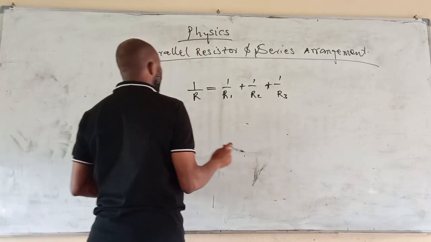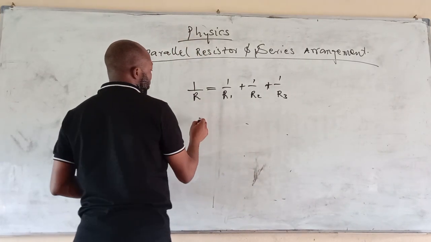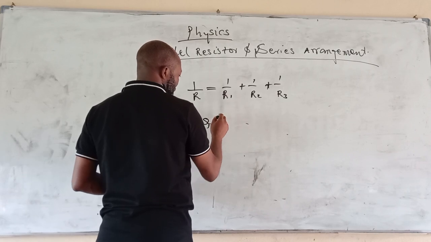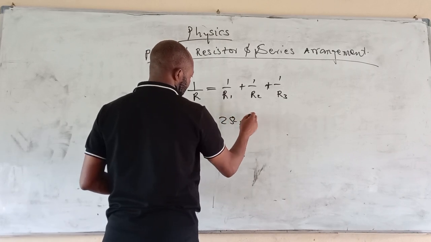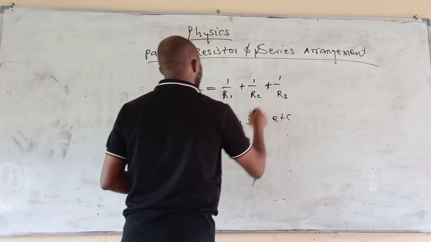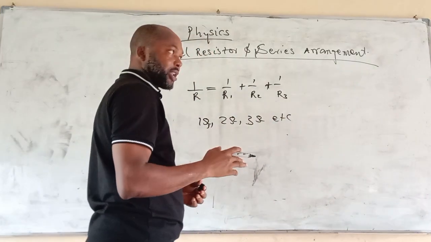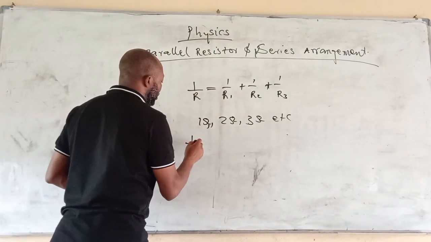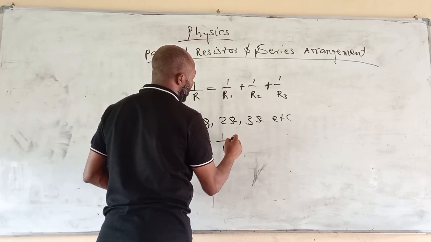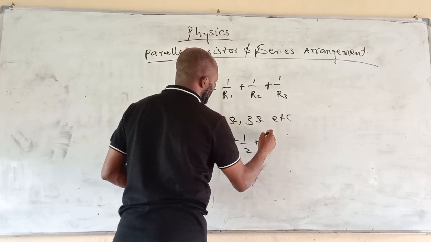Alright? So if the resistances are 1 ohm, 2 ohm, 3 ohm, and we arrange them in parallel, we will now have 1 over R, which is 1 over 1 plus 1 over 2 plus 1 over 3.